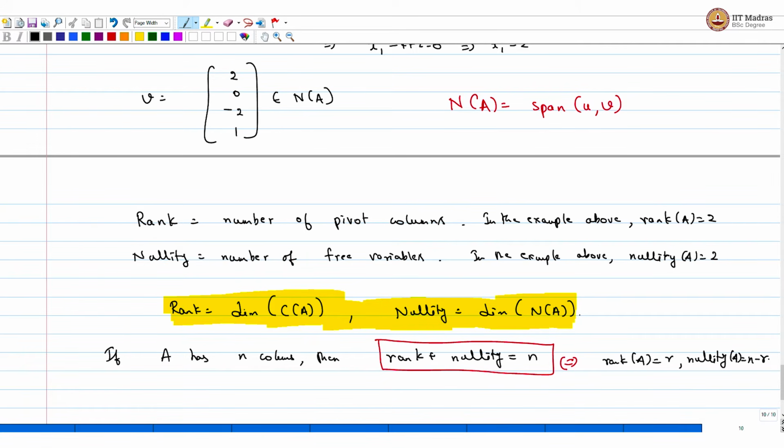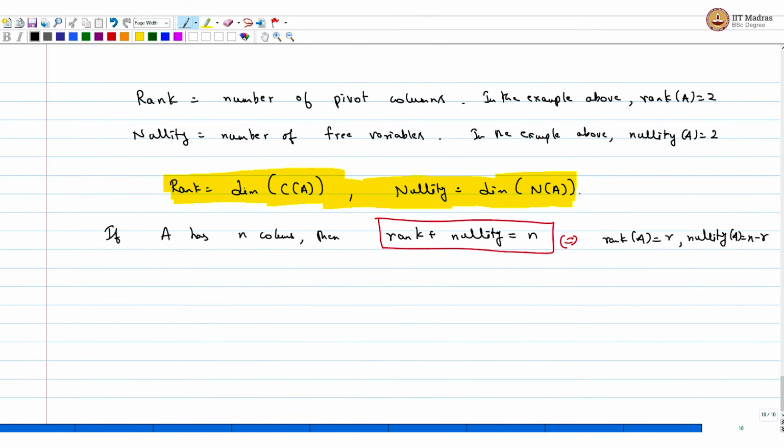So this is the rank-nullity theorem. I hope things are clear. I will not delve deeper into this, but I hope students have got a reasonable idea of the rank of a matrix and the nullity of a matrix, and how to go about finding them. In particular, the underlying subspaces are the column space and the null space. So these are the quantities that are important.